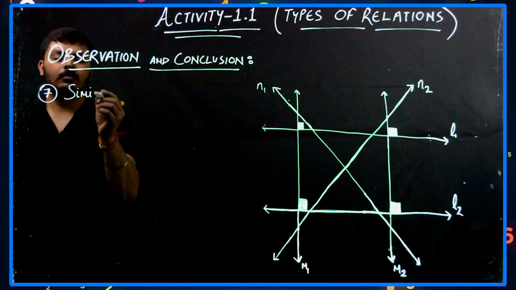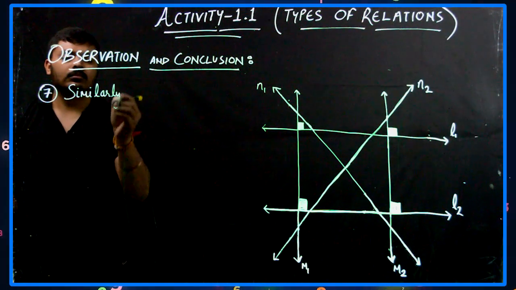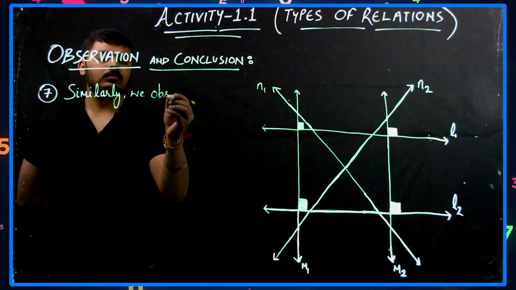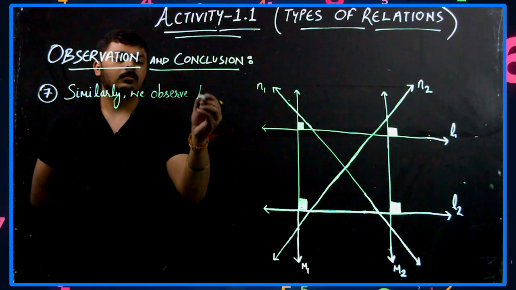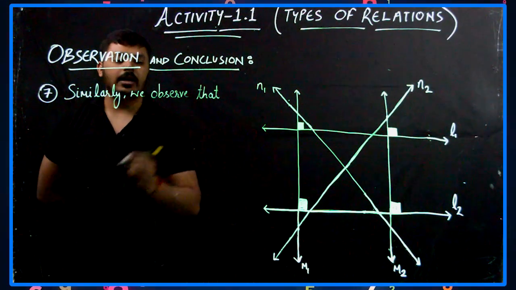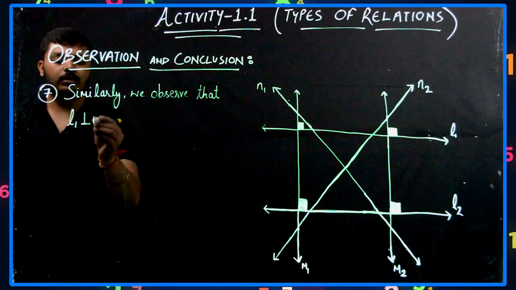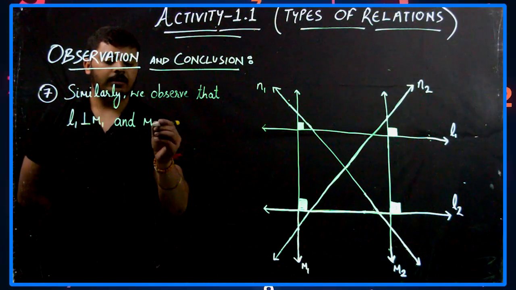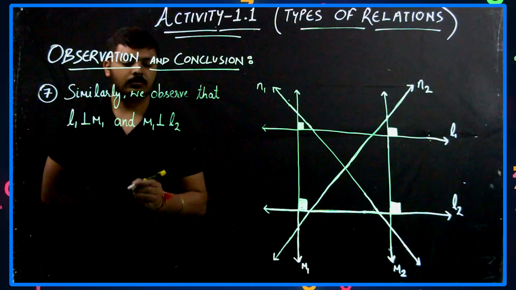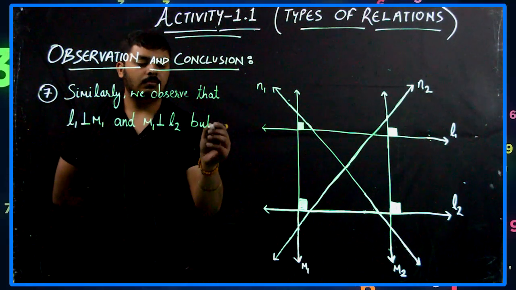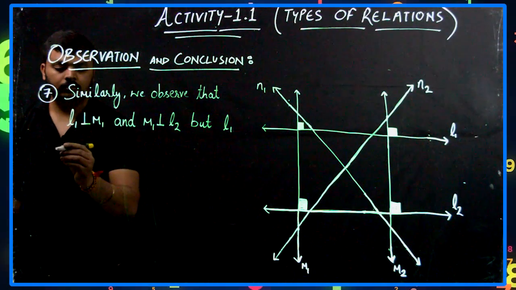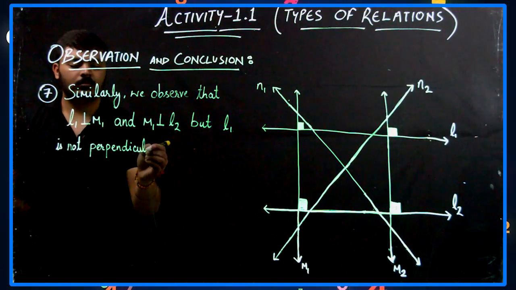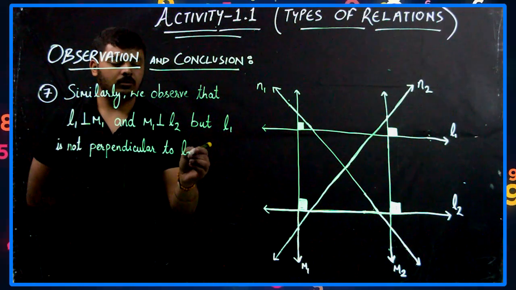Similarly, we observe that L1 is perpendicular to M1 and M1 is perpendicular to L2, but L1 is not perpendicular to L2.